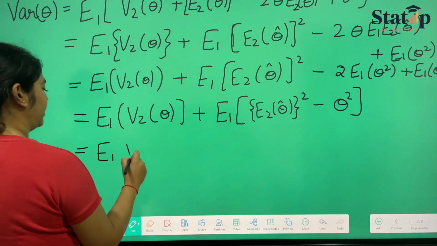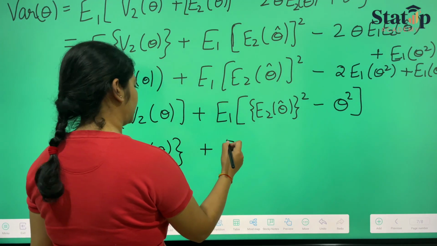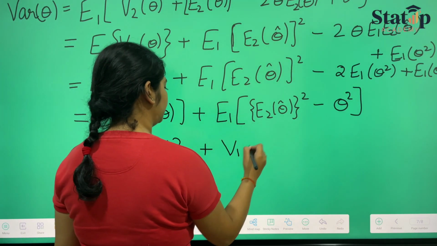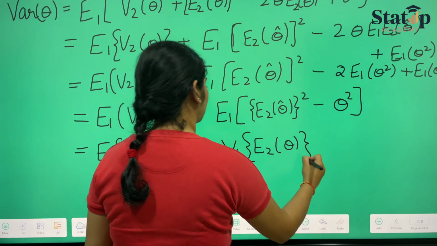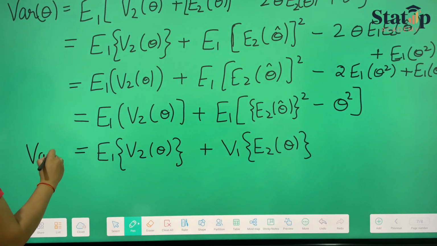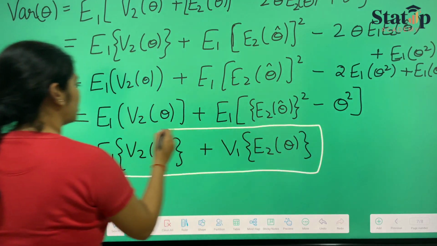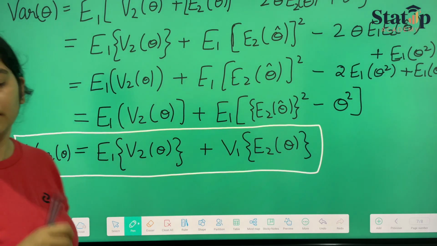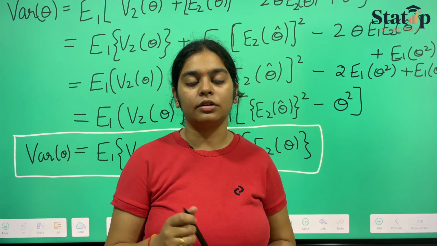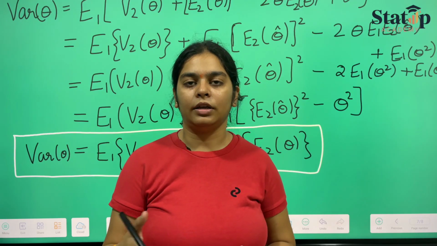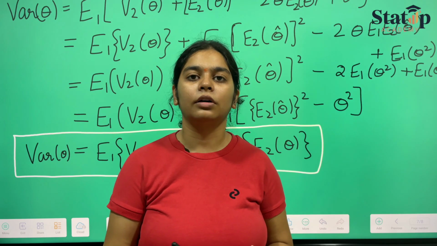So we are left with E1 V2 theta cap plus V1 E2 theta cap. This is how the variance of theta cap is derived. Now the variance, we'll do it in the next lecture, because it is a very lengthy topic and we have to discuss a lot of things in that. So we'll do it in tomorrow's lecture.